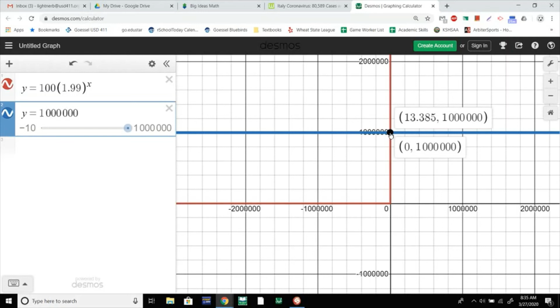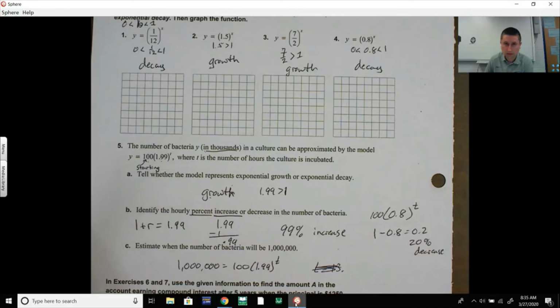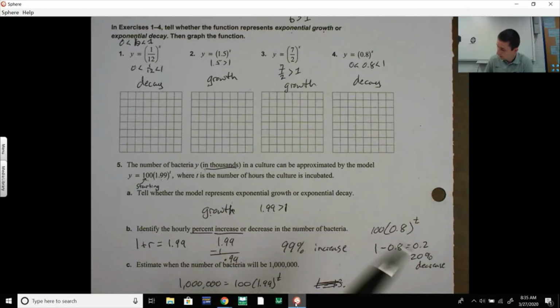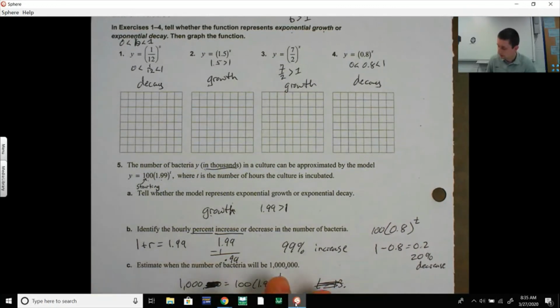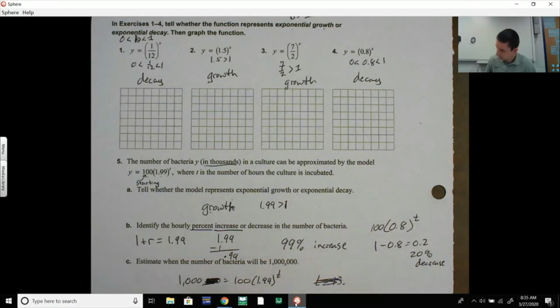That's not right. Sorry. Remember, the number of bacteria is in thousands. So when it's a million, that is 1,000 thousands. So we have to find out when it's going to be 1,000, because we're not starting with 100, we're starting with 100,000. Okay, got that.